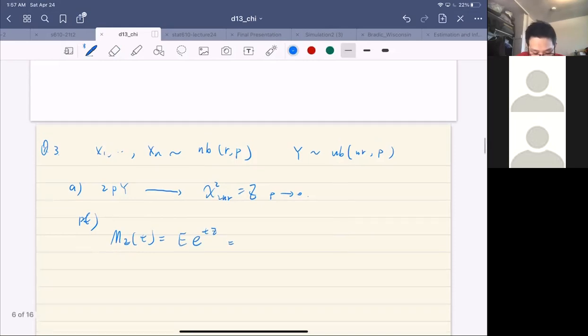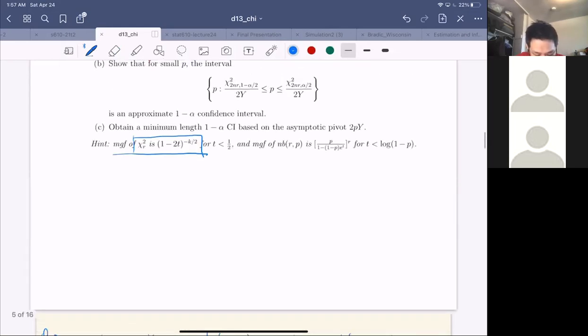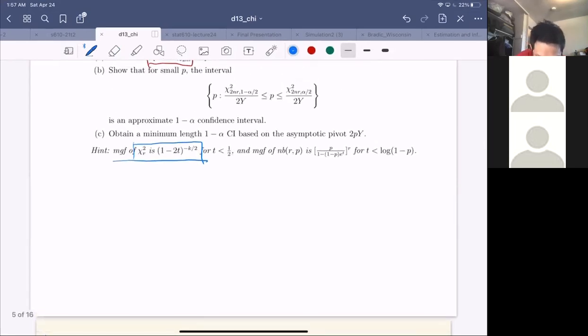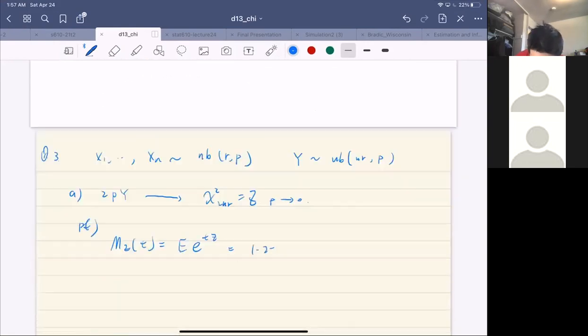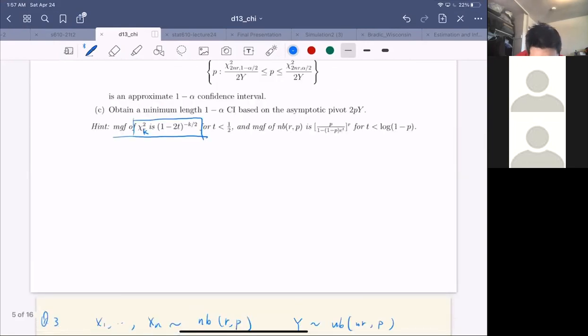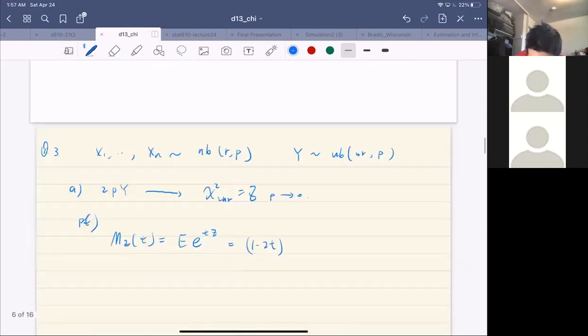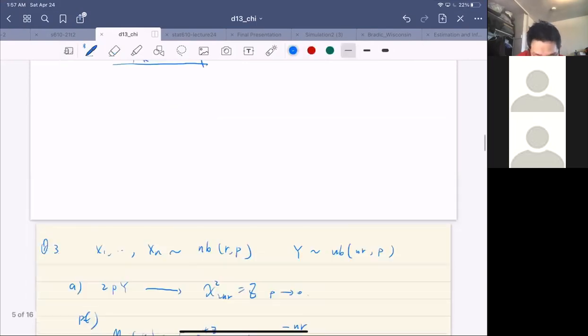So this should be equal to 2n gamma. So we plug in 2n gamma, I think this is a typo, so this should be k, negative k. The degrees of freedom, so 2n gamma divided by 2, so it's n gamma.